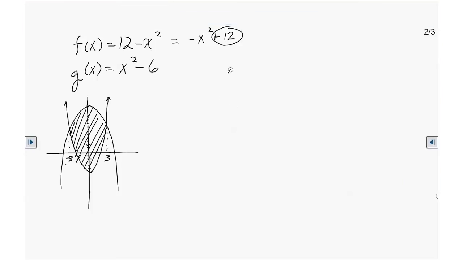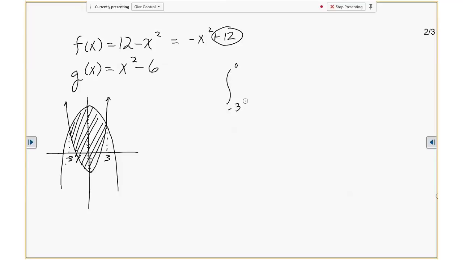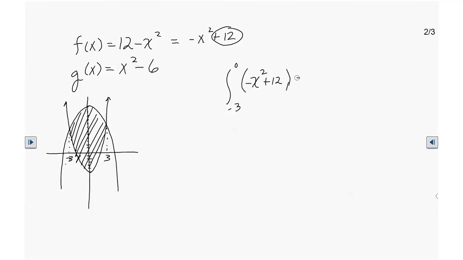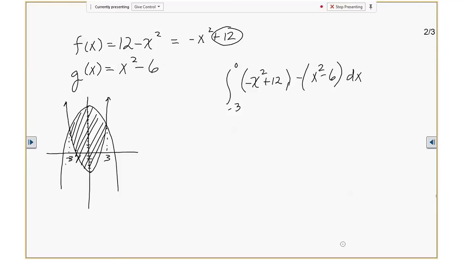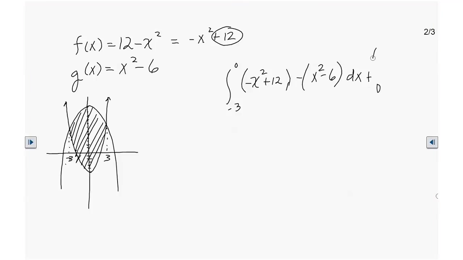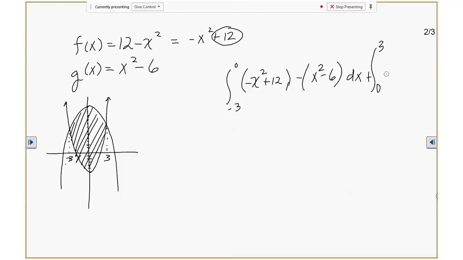So 0 to -3 of, let's see, that'd be minus x squared plus 12 minus x squared minus 6 dx, and then add from 0 to 3, same thing, dx.